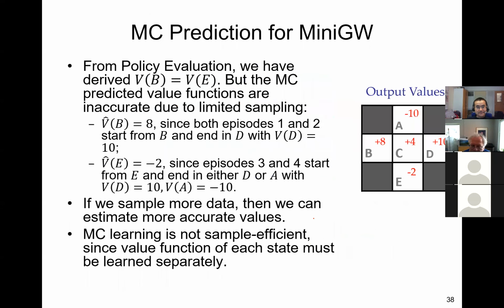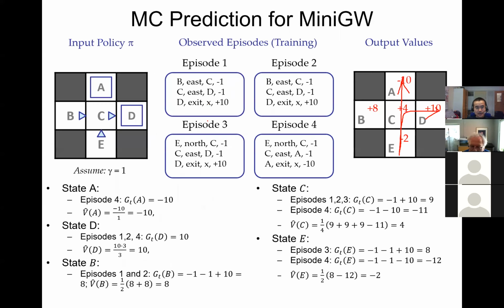So for policy evaluation, if we knew the MDP model, we can derive that V of B is equal to V of E. But the MC predicted value functions are inaccurate due to limited sampling, because we're estimating V hat B as 8, whereas V hat E is -2, whereas they are symmetric. They shouldn't be different.